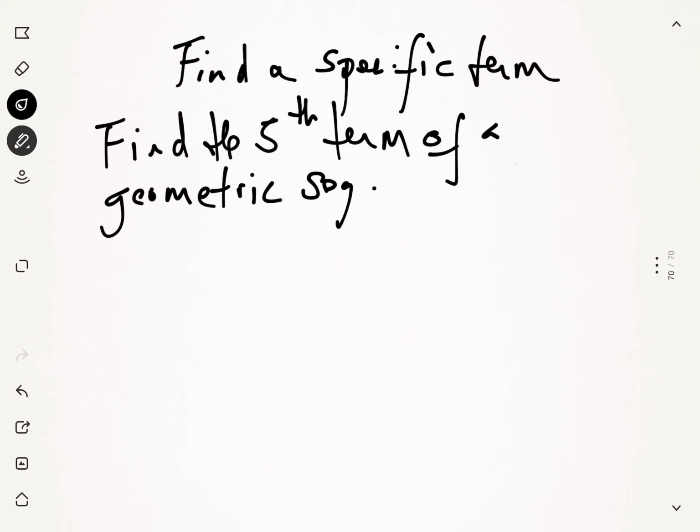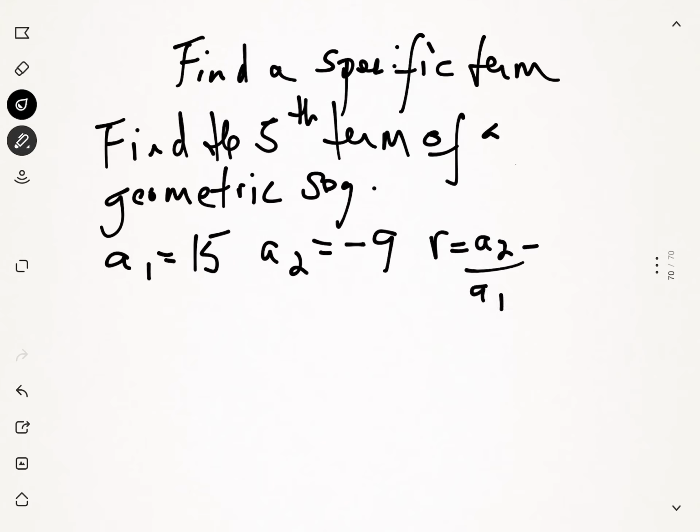Find the fifth term, where a1 is 15, and a2 is negative 9. So you find your common ratio. It's negative 3/5.